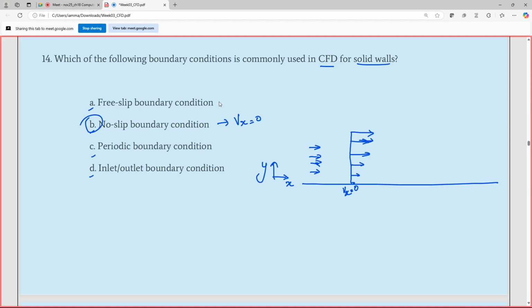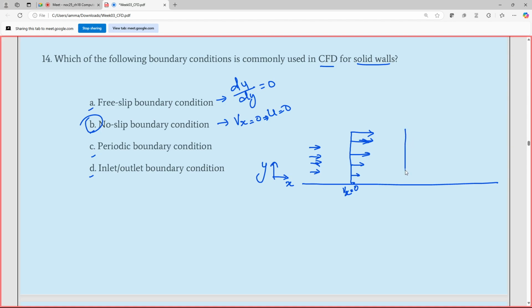But what is the free slip boundary condition? The free slip boundary condition is du by dy equal to 0. That is, the vertical velocity gradient at the wall being zero is known as the free slip boundary condition.